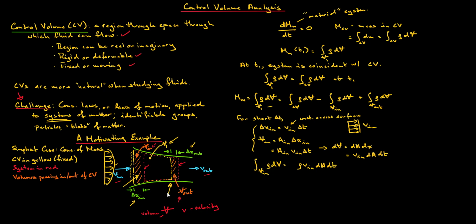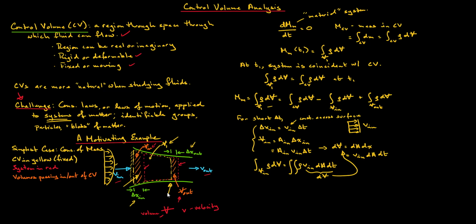And again, this would be a double integral, one over the area and one over time. Okay, and again, this term here is our dV, which is coming from over here.